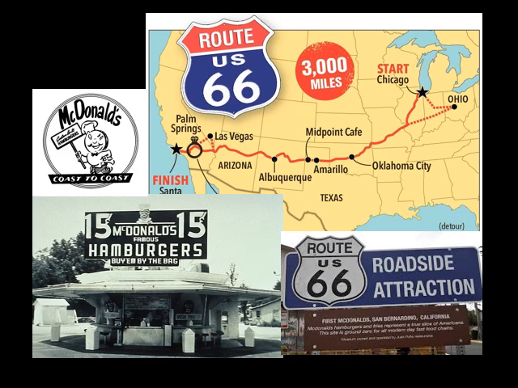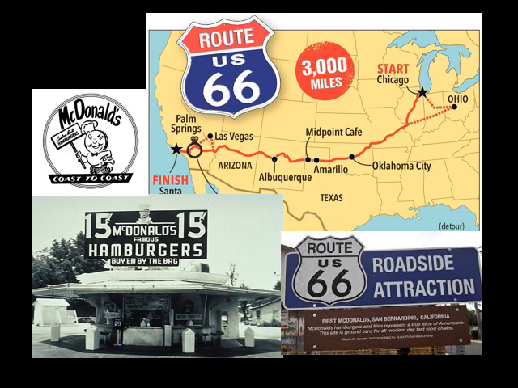Well, I don't have the date here. It was sometime in the mid-40s that a couple of brothers with the last name McDonald opened up first a barbecue restaurant that eventually became a hamburger place in San Bernardino, California, with the idea of feeding hungry Okies as they made their way down Route 66 towards their final destination in California.